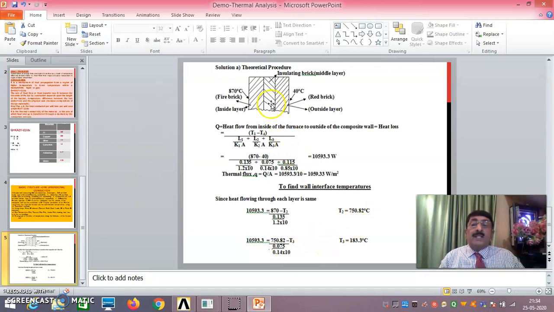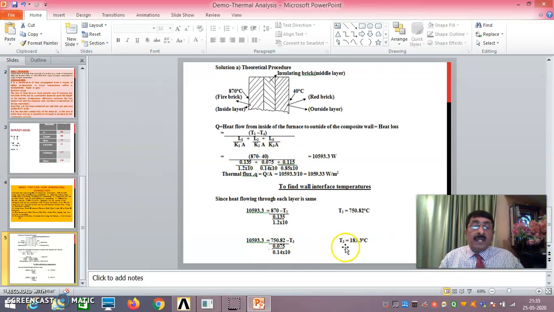In the same way, since the heat flow through this also is same, okay, this also 10,593.3, equals T2 minus T3, T2 you just now found out, 750.82 minus T3 divided by this 0.075, 0.14 into 10.